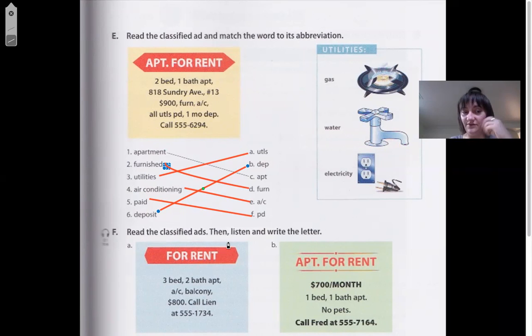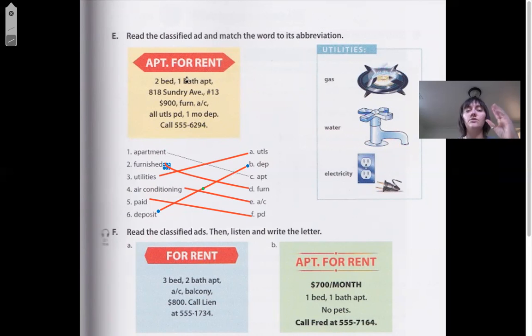So those are the abbreviations. So apartment is APT, furnished is FURN, utilities is UTLS, right? Like up here, all utilities paid. Air conditioning is A and then a dash and then a C. Paid is PD and deposit is DEP.